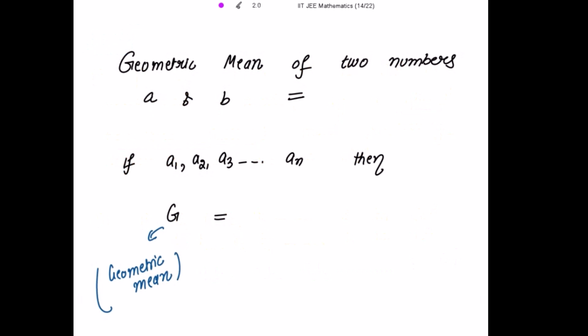Then the geometric mean of two numbers a and b is equal to the square root of their product. And if I have n numbers, then the geometric mean is equal to the product of these numbers to the power 1 by n, right?